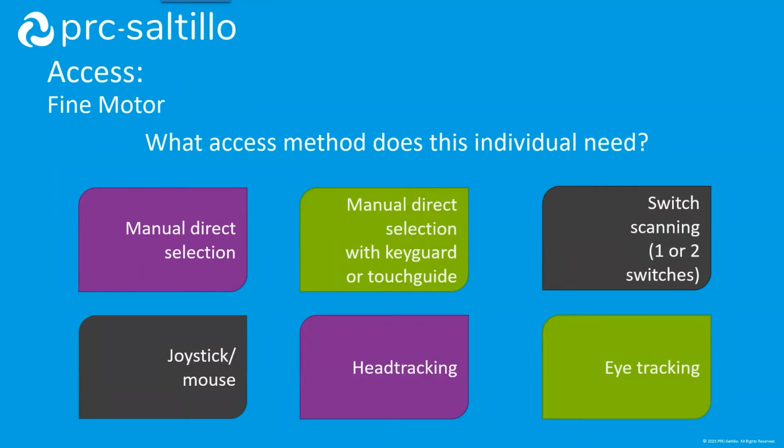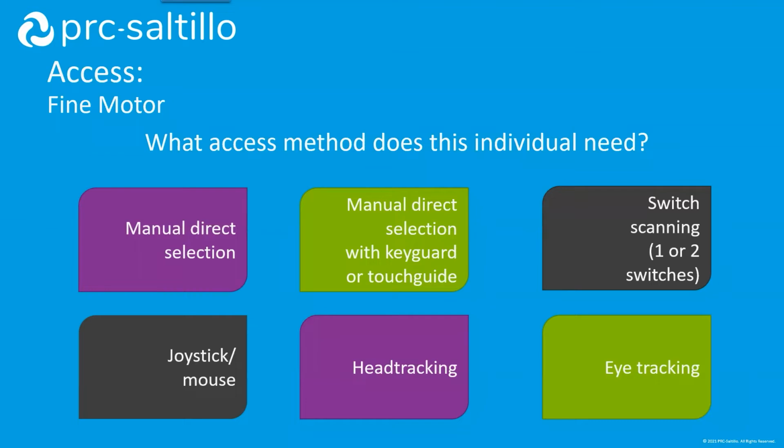You can gather info from OT evals and observations if they are getting OT. Use that from your feature matching, but you don't have to completely copy and paste an OT eval summary. You get that basic information. How is their fine motor going to impact their use of a device? You can use different terminology.